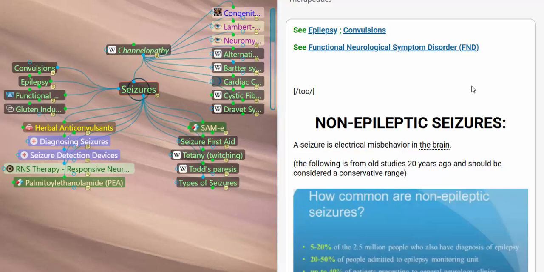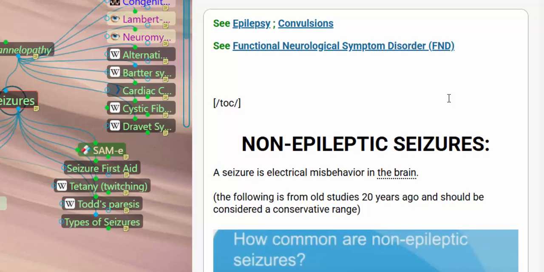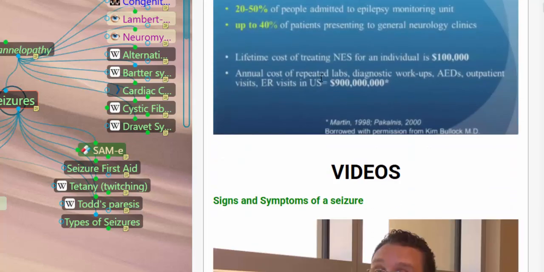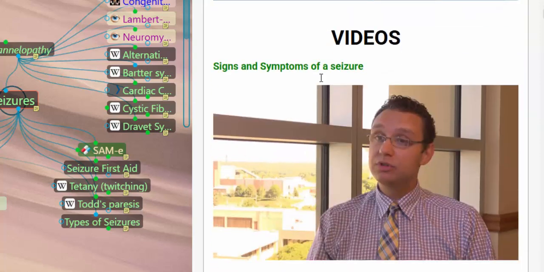So look over on your right, and that's the info panel. There's a little bit about non-epileptic seizures, and if you look at the top, there are some links to other areas for you to look at. A seizure is electrical misbehavior in the brain. I'm just going to scroll through this.